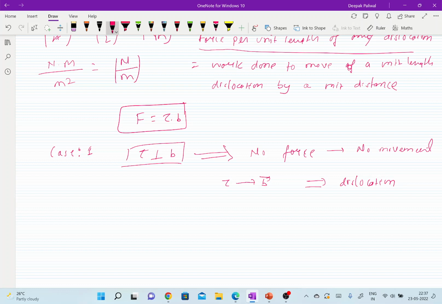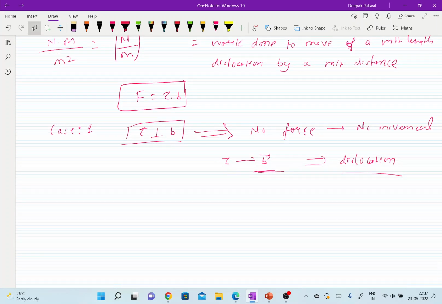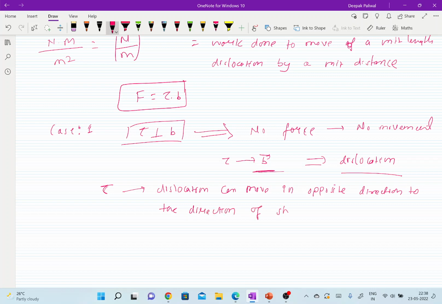It is important to have some component of the shear stress along the Burgers vector direction, then only the dislocation movement is possible. One more important point is that the dislocation can move in the opposite direction to the direction of shear stress.